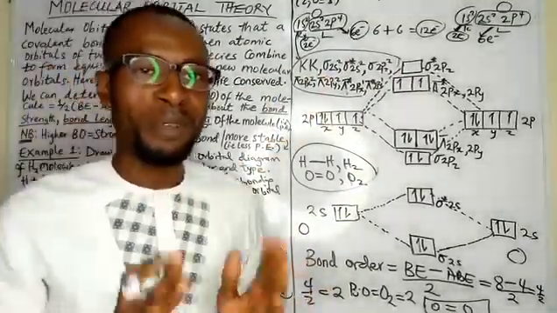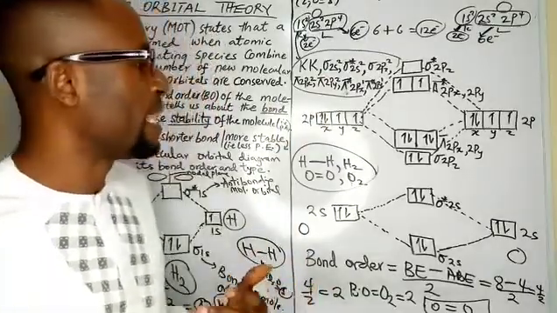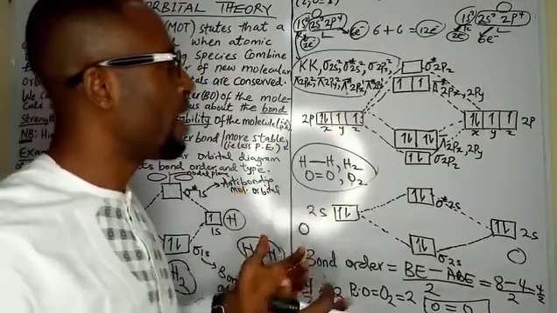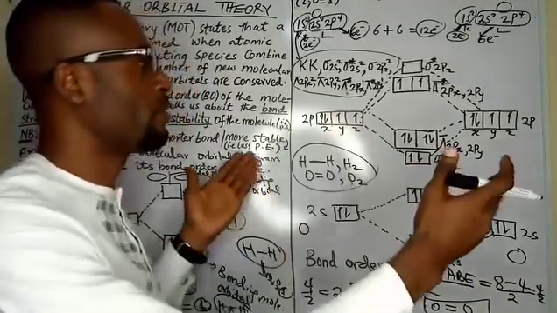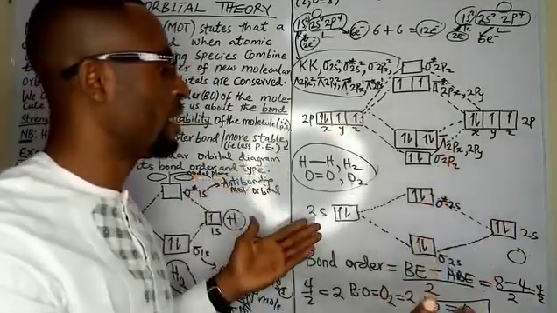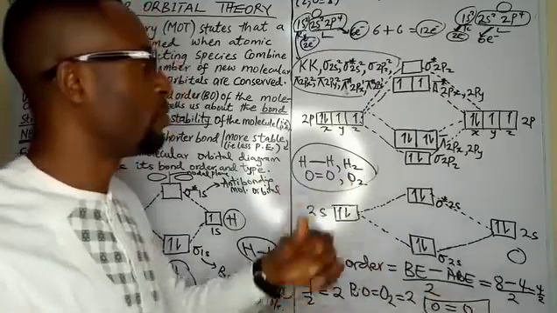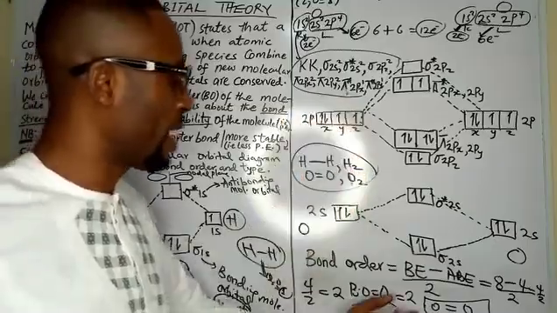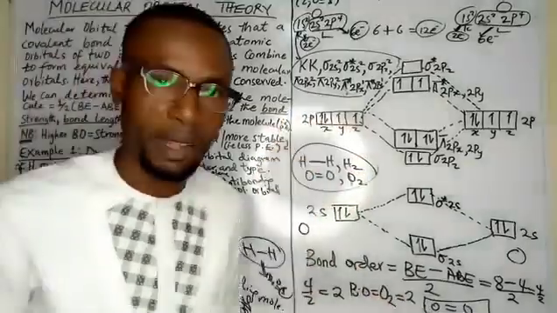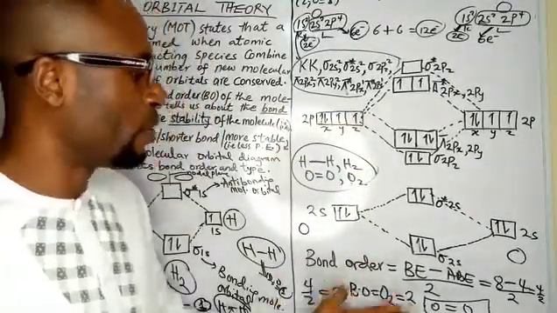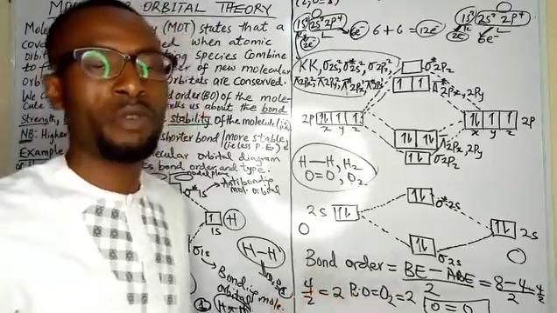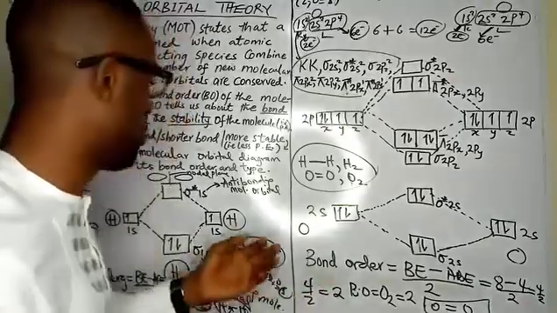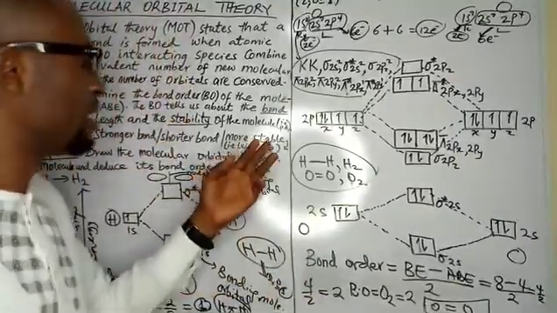Nice. So the beautiful thing here again is that we are able to use the molecular orbital diagram to see how electrons in the atomic orbitals of oxygen gas overlapped or combined to make the molecular orbital. And we're able to use the molecular orbital diagram to calculate the bond order. And we say that the higher the bond order, the stronger the covalent bond, and of course, the shorter the covalent bond, and ultimately, the more stable.